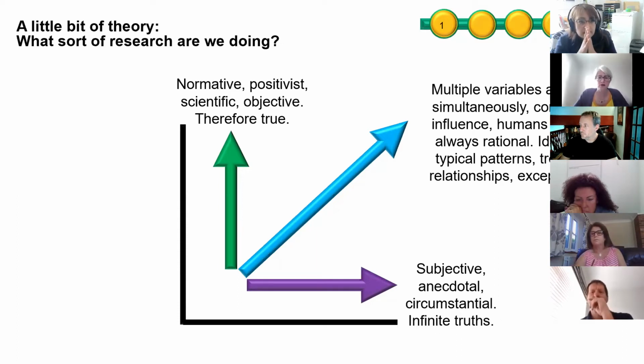And that's the green arrow pointing up. On the other hand, there is research and investigation that's more along the purple arrow. It's much more subjective, it's anecdotal, circumstantial. There are multiple truths in the world.